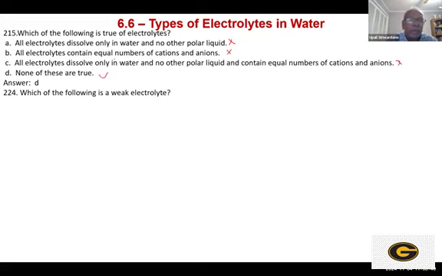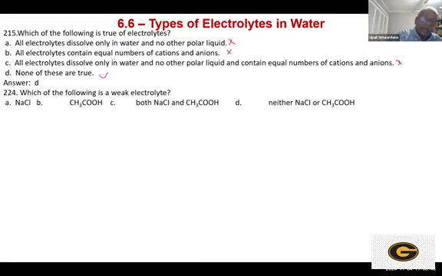Which of the following is a weak electrolyte? That's a soluble salt. This is a weak electrolyte: ammonia, acetic acid breaks up in water to a small degree. Therefore, they have fewer hydrogen ions and acetate ions. Both is not correct.